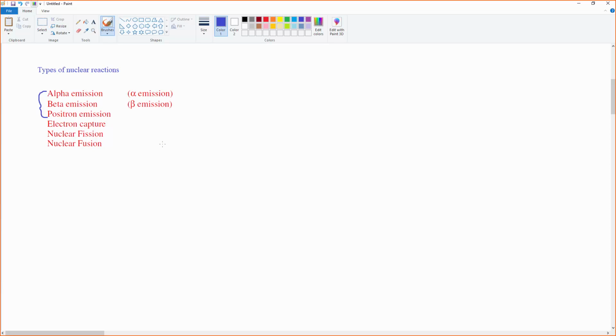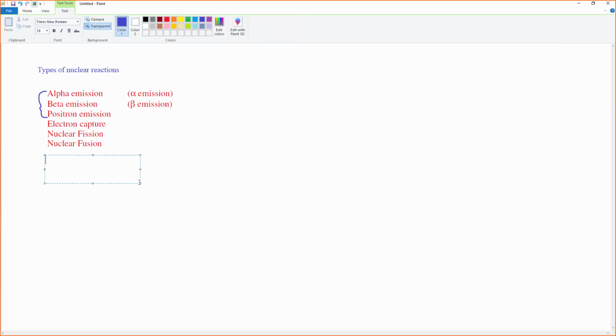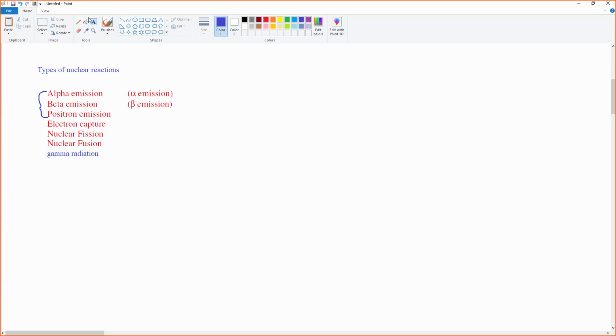And sometimes you'll also see them spoken about as radiation, like somebody got alpha radiation or there was beta radiation. And you'll also hear about gamma radiation. I'm just going to put this down here. Radiation.